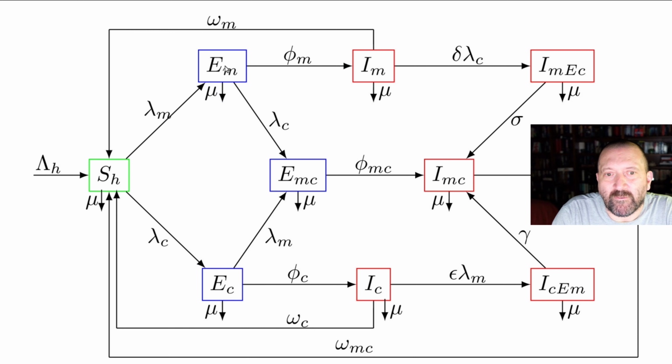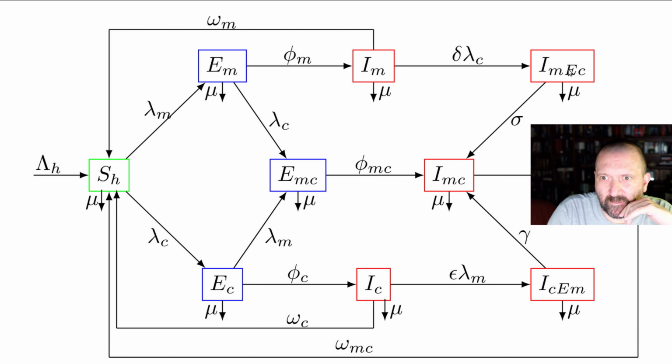So if you already have malaria and you contract COVID, then you become an EMC. If you have COVID and you contract malaria, you can become also an EMC. So there will be models that will consider the order in which this happens. This one doesn't make the difference between the two.